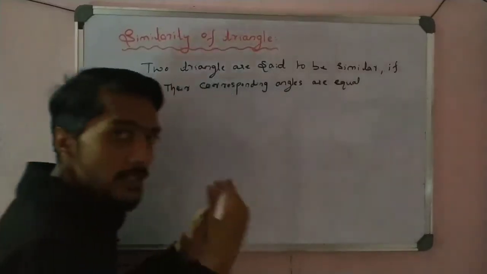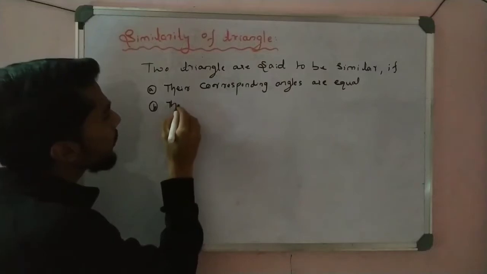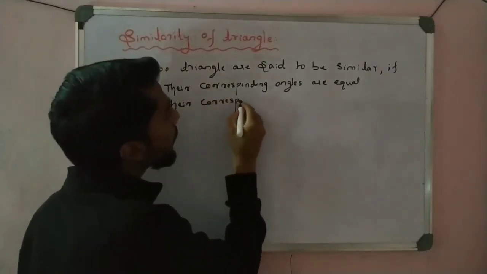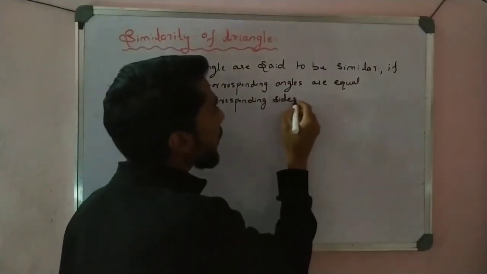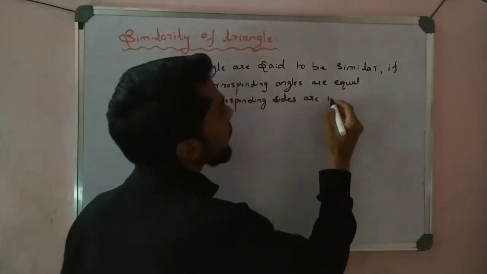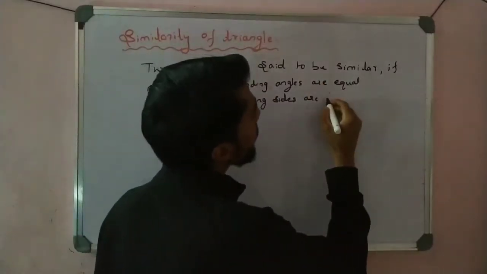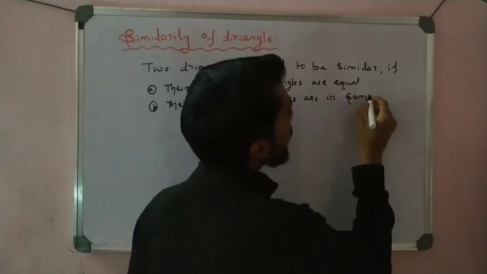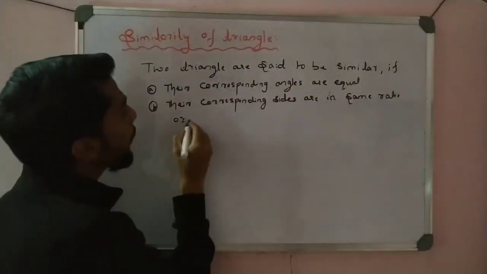So the first condition is the same as for polygons, repeated. And second, also the same: their corresponding sides are in the same ratio or proportional.